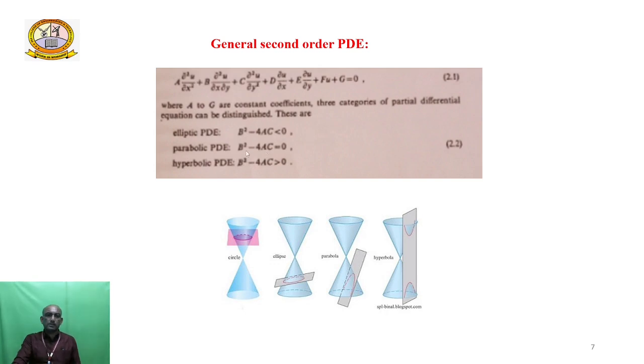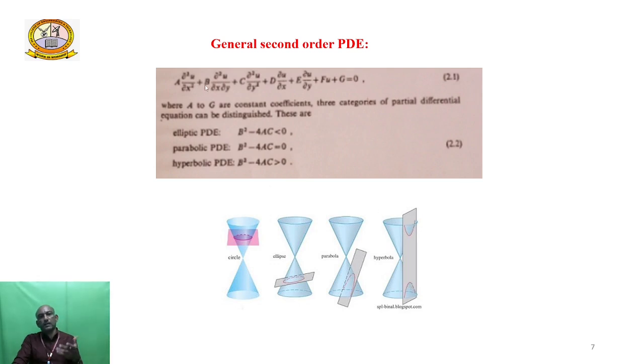For parabolic, b squared minus 4ac equal to 0: when we substitute the coefficients a, b, c and get 0, the flow follows the parabolic nature. Similarly, if b squared minus 4ac is a positive value, greater than 0, the flow follows the hyperbolic nature.